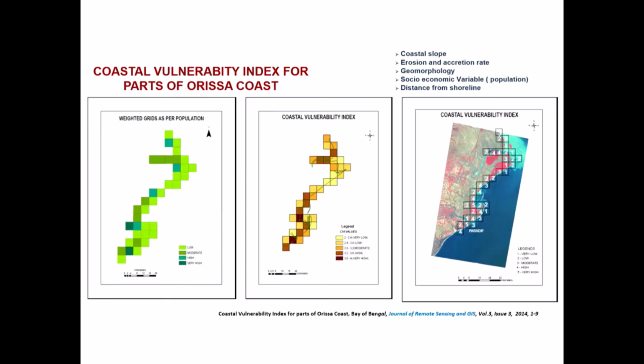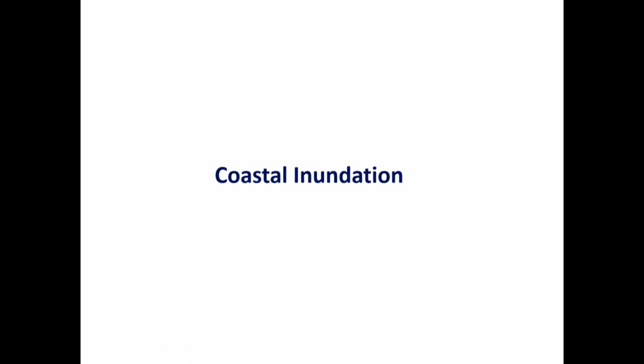So taking different scores and giving weightage, you can also generate the vulnerability index map all around the coastal region. Now this is all about studying coastal erosion and accretion.